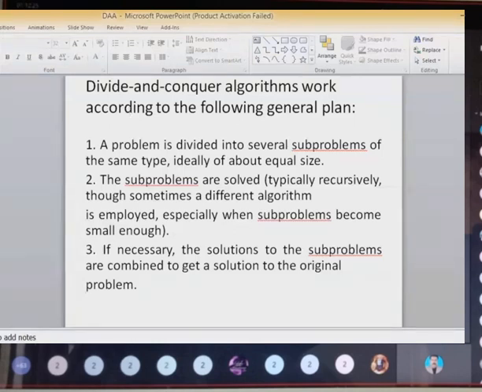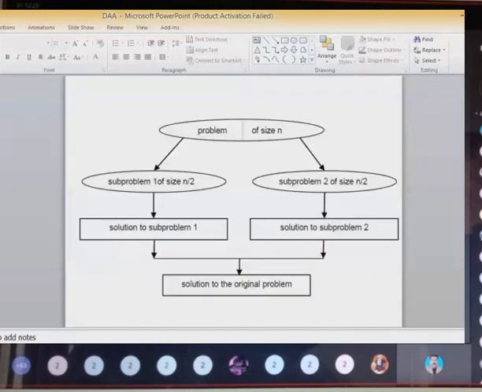I'll explain the steps with a diagram. Now this is the problem of size n, the main problem. The problem is divided into n by 2 and n by 2. This is divide.